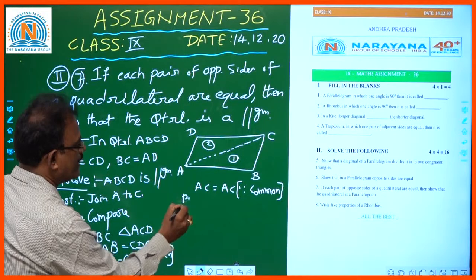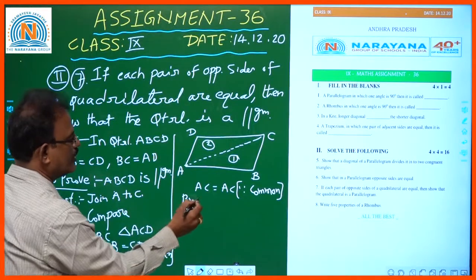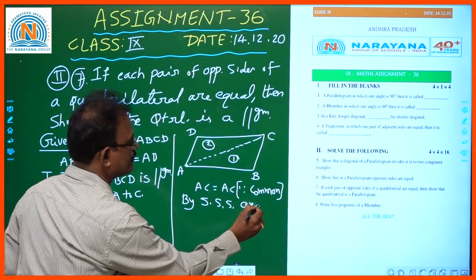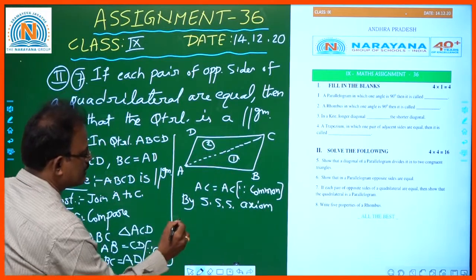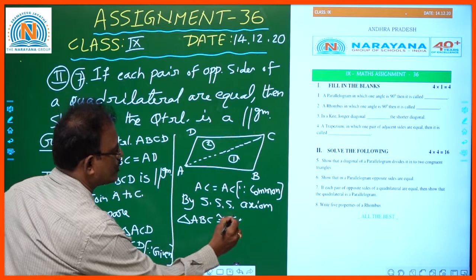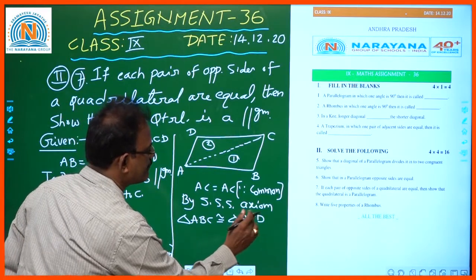So by side-side-side axiom, you can say that triangle ABC is congruent to triangle ACD.